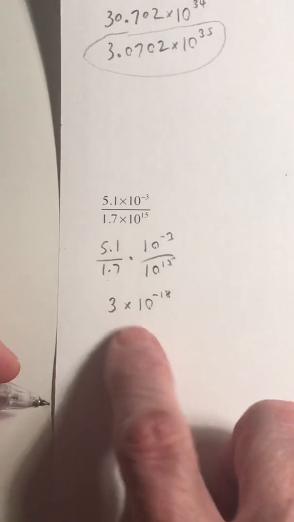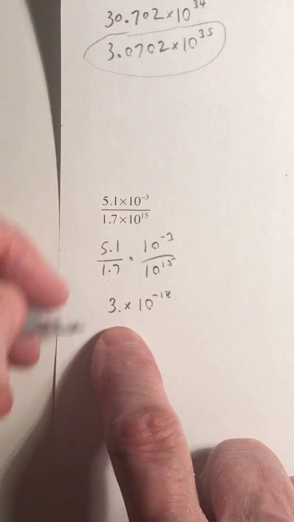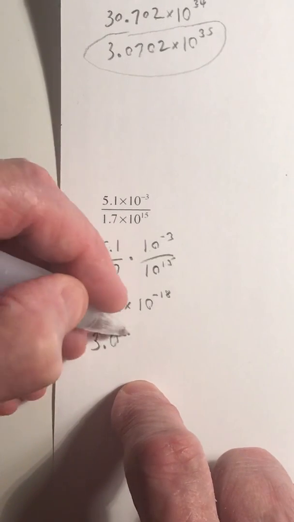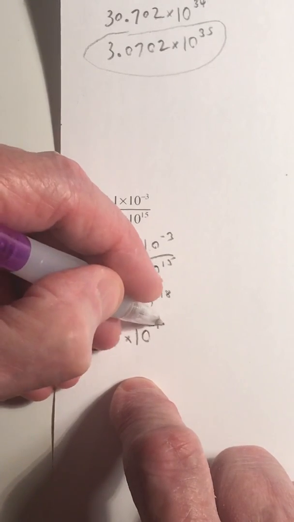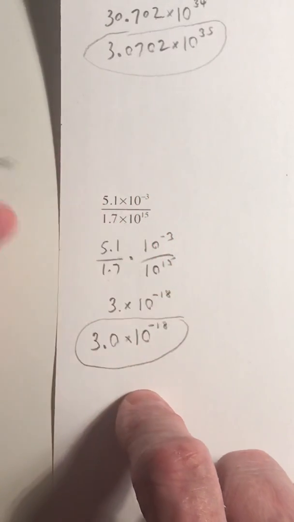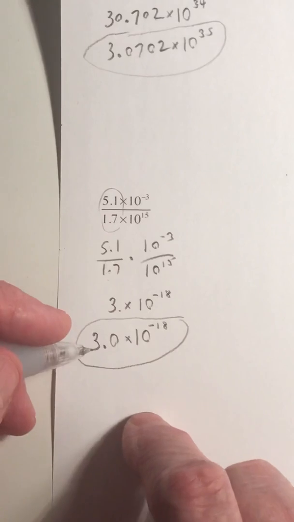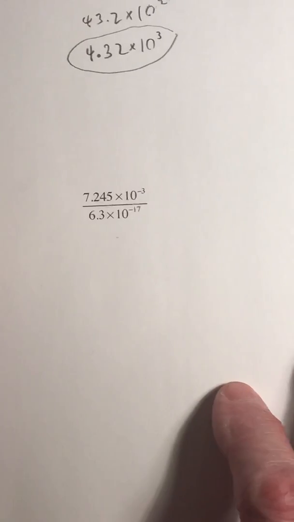And there's no point, but we can put a point. 3 is the same as 3 with a point, and 3 is the same as 3 with a point and a 0. There is no adjusting of the exponent this time because the point just landed in the right place from the result of doing that division. Okay?